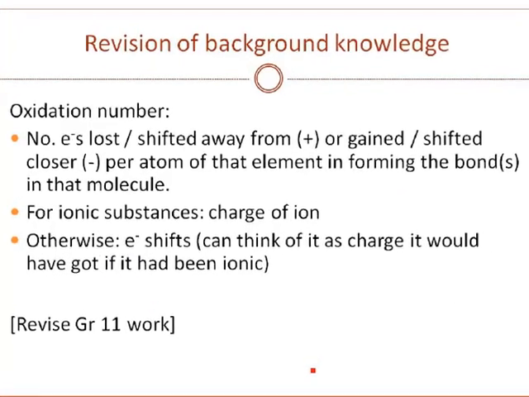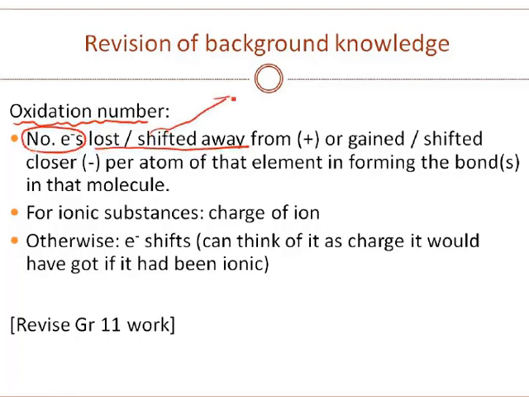As I've already reminded you, the meaning of oxidation number is the number of electrons which are either lost or shifted away, or gained or shifted towards that particular atom for one atom of that element when it formed that bond. And if some electrons were either lost or shifted away, then the oxidation number is positive. If some were shifted towards or gained, then the oxidation number is negative.